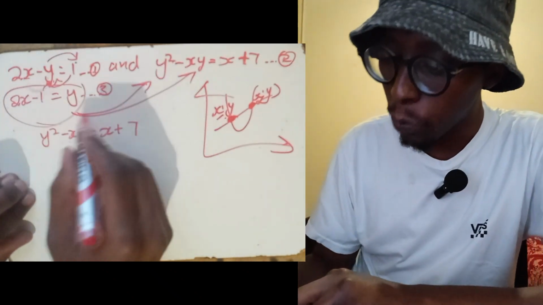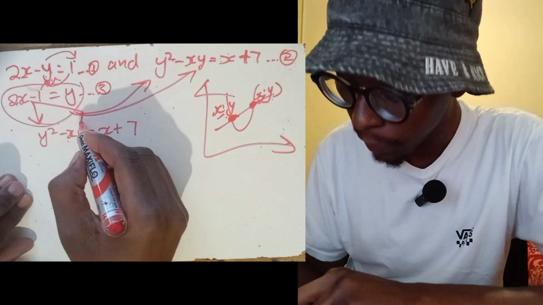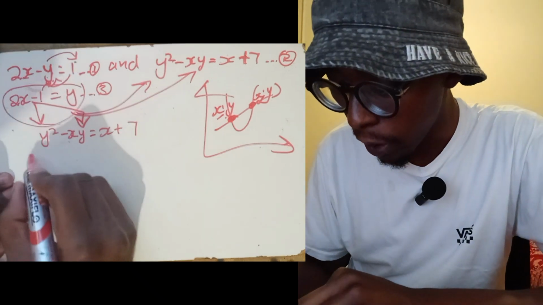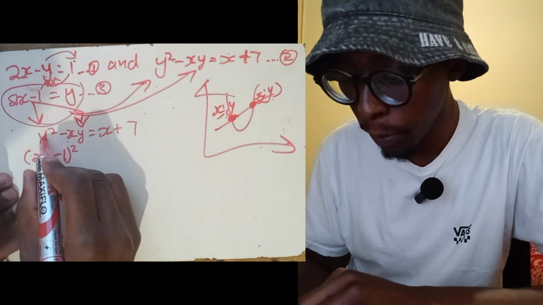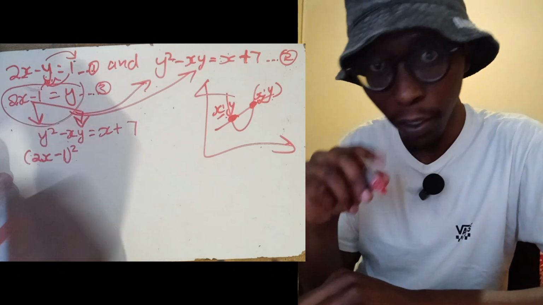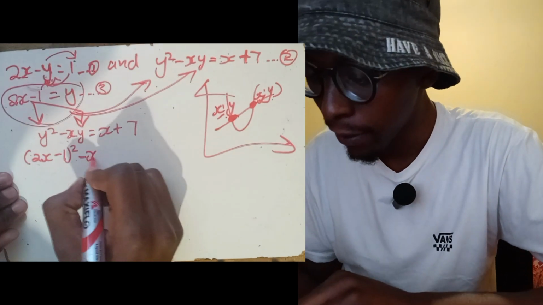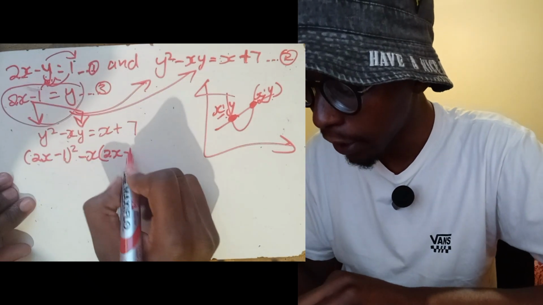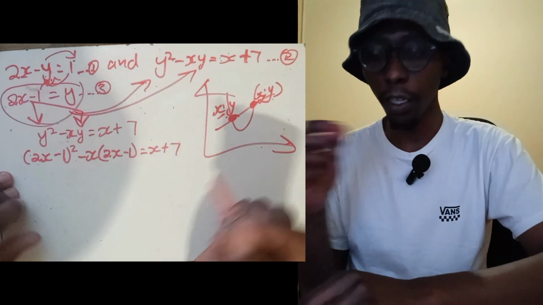Where I see y, I substitute 2x minus 1 in brackets. So I have (2x minus 1) squared, not about y, 2x minus 1. Don't be confused. And then minus x, there's my y again, so I substitute 2x minus 1 in brackets. And then this equals x plus 7.